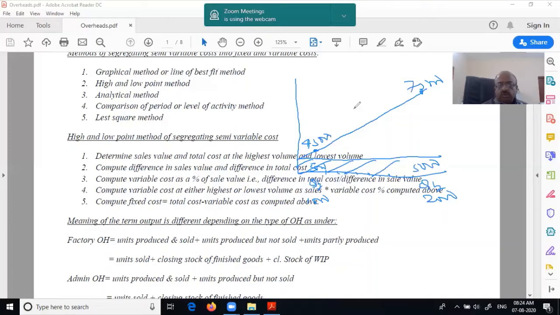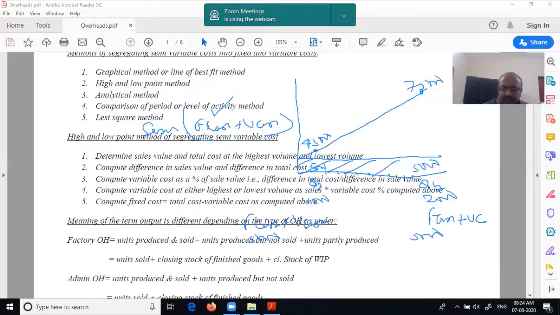Semi-variable cost has fixed cost as well as variable cost built into it. But the fixed cost remains the same: at this level you have fixed cost plus variable cost, at this level also fixed cost plus variable cost, and the fixed cost is the same, 5,000 and 5,000.